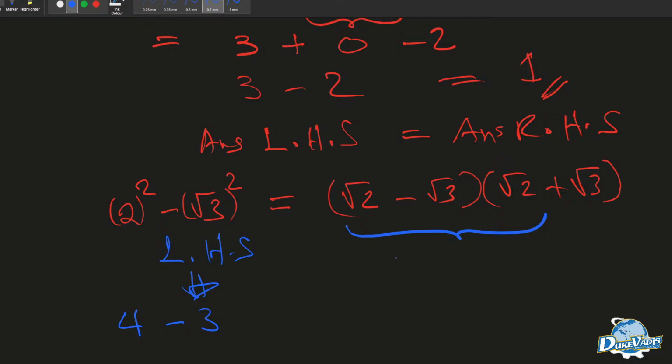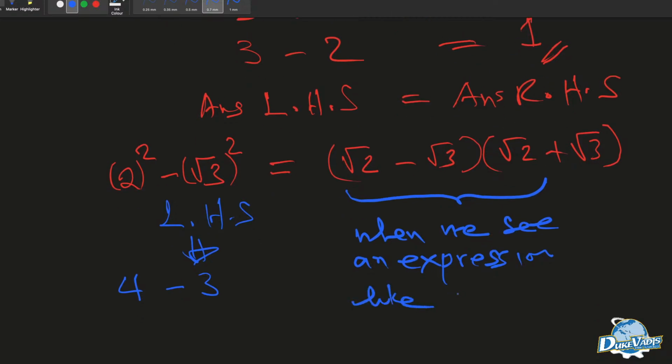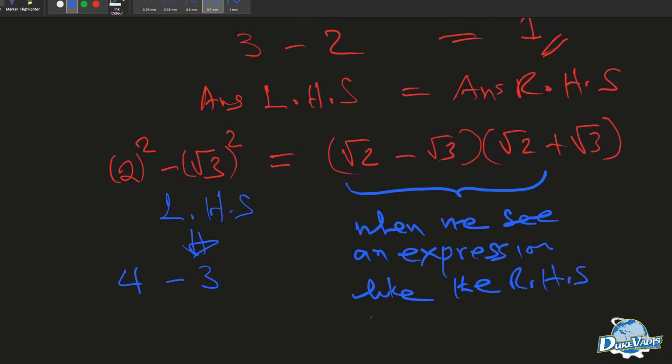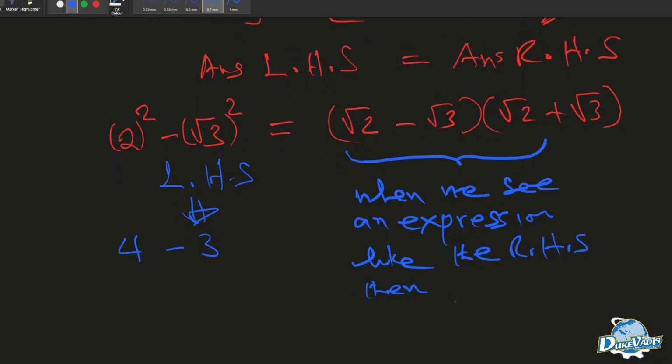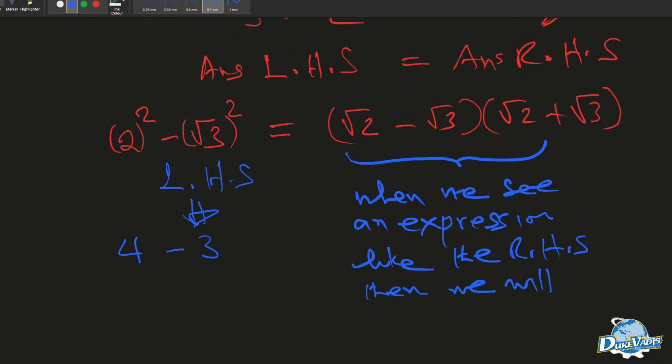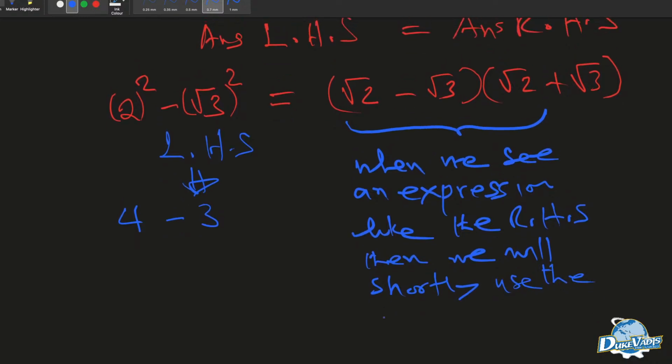So when we see an expression like the right-hand side, RHS, we will shortly use the left-hand side to evaluate.